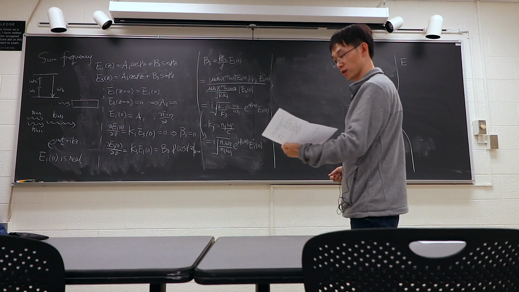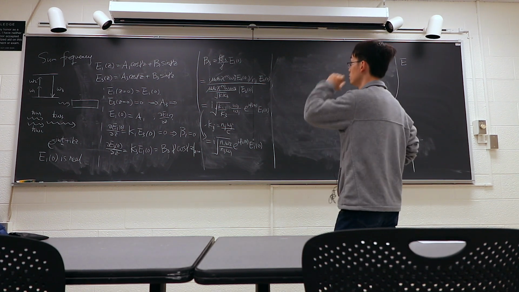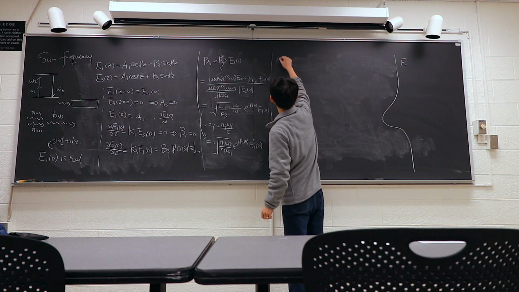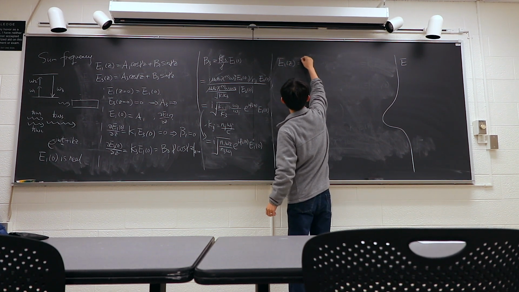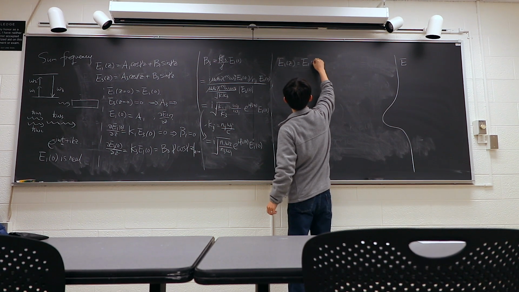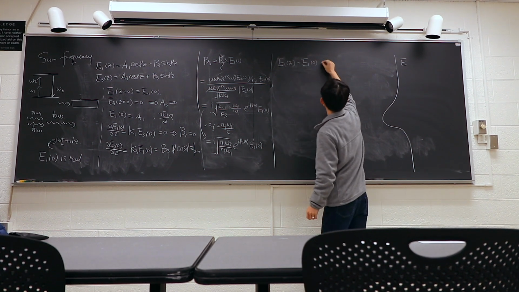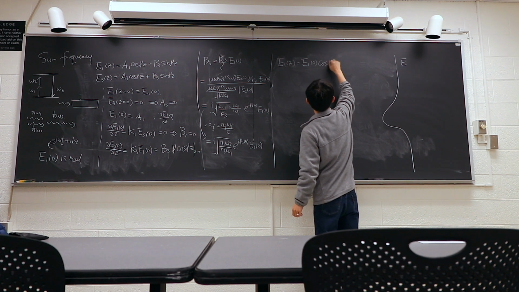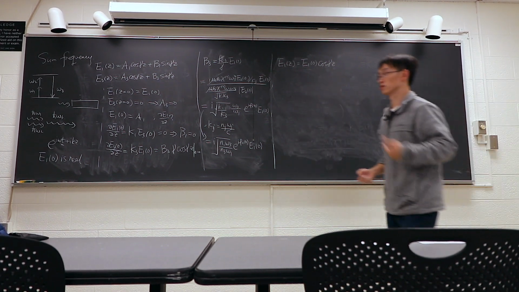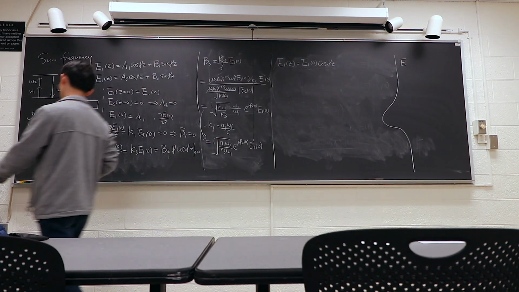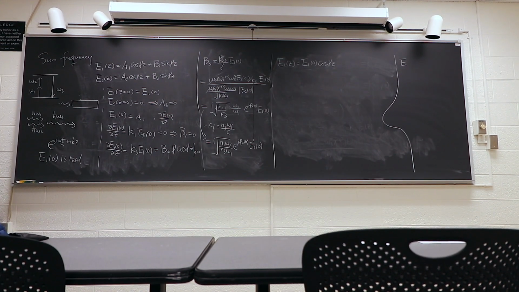So now we can write down the complete solution. E1 z equals E1 naught cosine. Right, it's oscillating as cosine. This is just what we predict. There's oscillation there.